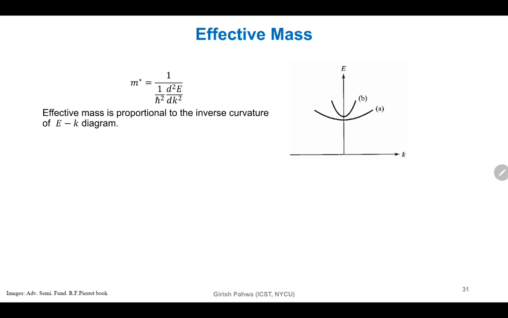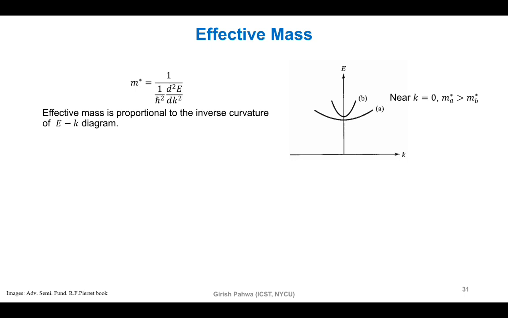Mathematically, d2E by dk square tells you how curved the EK diagram is. So near K equal to 0, my mA star will be greater than mB star, because this is smaller and this is larger in the denominator. So there is an inverse relationship. So m star A is greater than m star B.